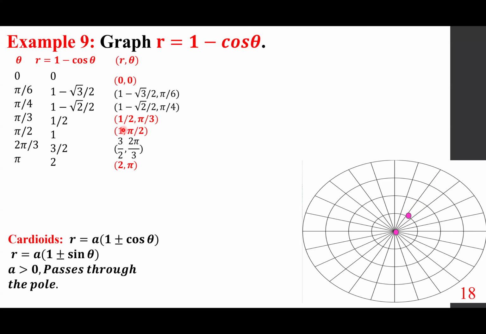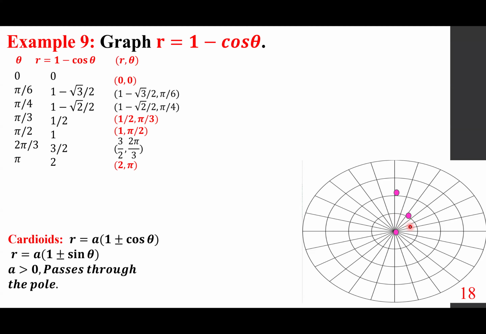And I'm going to go with 1 tick mark. 1 tick mark is 1 half, so I'm going to go with 2 tick marks. Okay, so we are assuming 1 tick mark is 1 half, but this is a different scale.